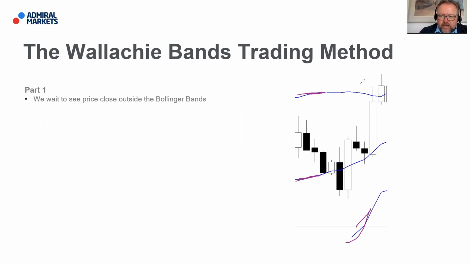On this day, price did go up and touch the Bollinger Band, but it came back and closed within the Bollinger Bands. Whereas the next day on this daily chart, price pierced the Bollinger Band, and here we can see it also closed outside the Bollinger Bands.